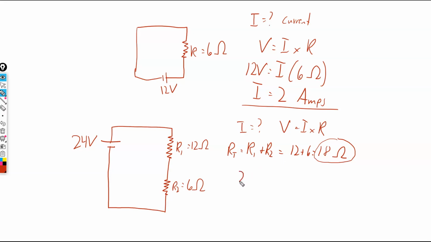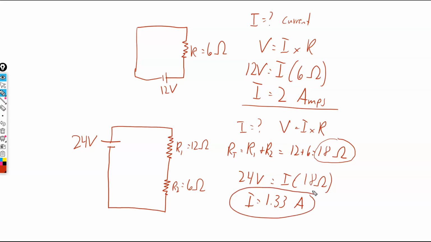So we have our voltage, 24 volts equals I times 18 ohms. Divide 18 over by 24. 24 divided by 18 is approximately 1.33 amps. Okay, so that's how you would do it in a series.